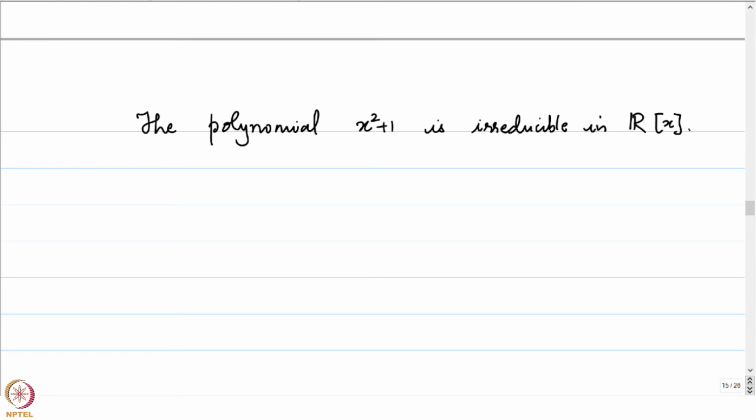So the first observation would be that an irreducible element in R[x] would be prime. More specifically, x square plus 1 is hence a prime element. Recall what a prime element was.